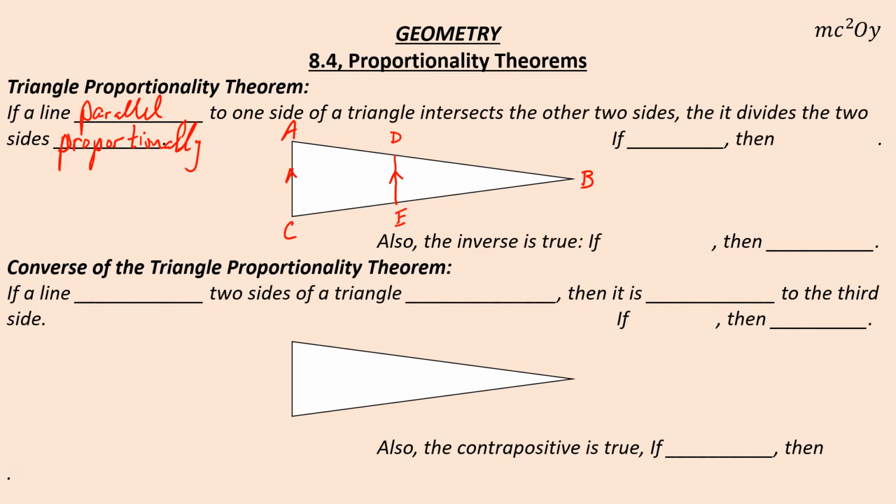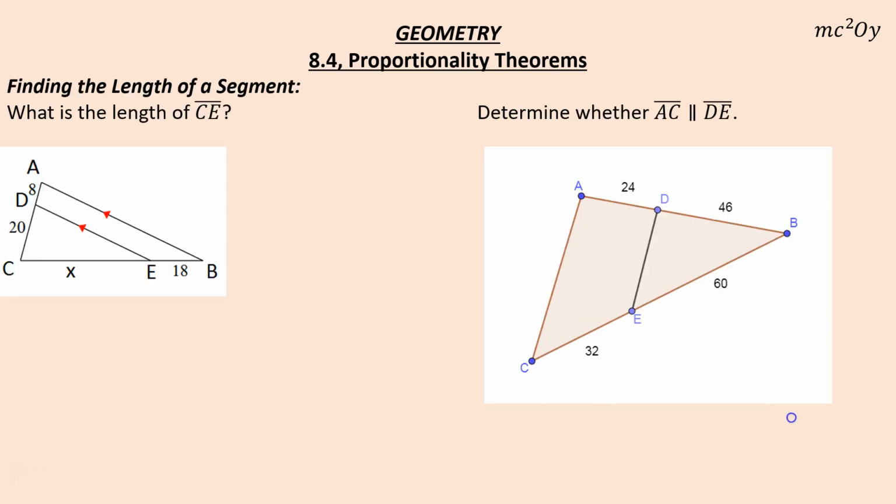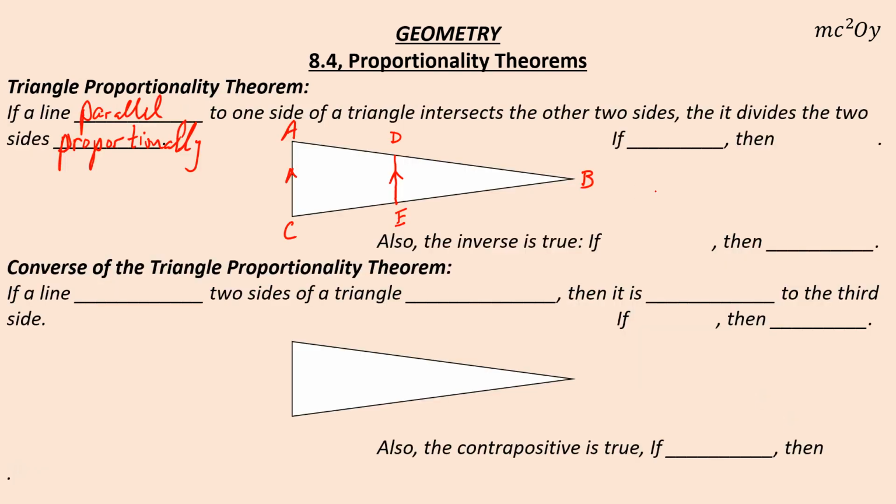So if that's the case, in this particular situation, our if-then statement says if AC is parallel to DE, then what we have is BD is to AD as, so this piece right here is to this piece right here as CE is to BE.